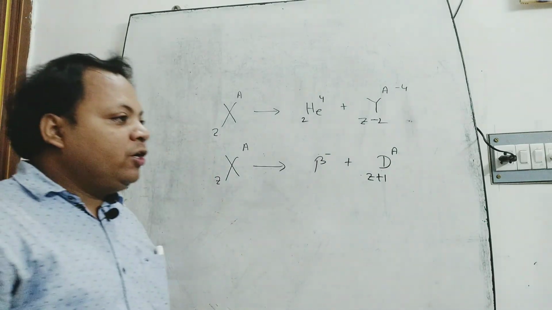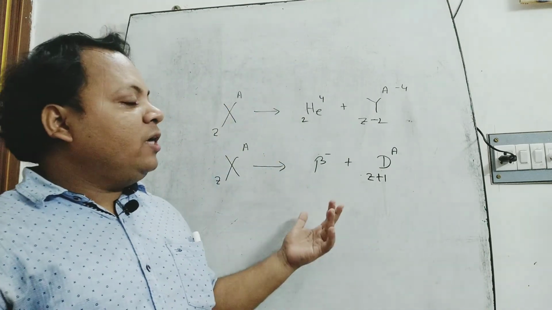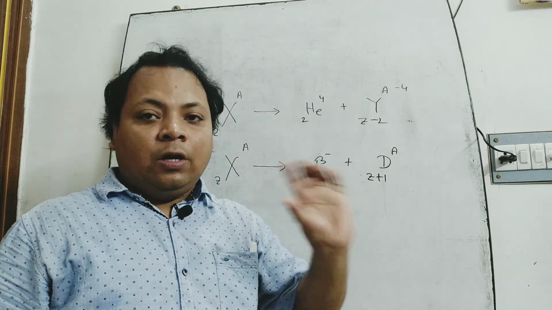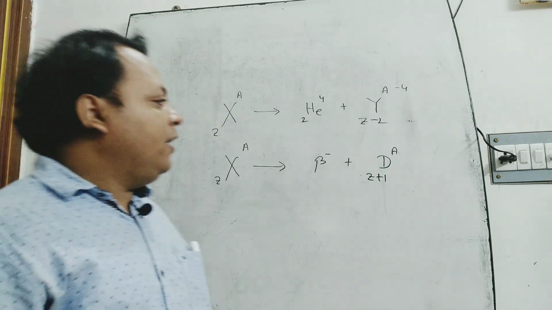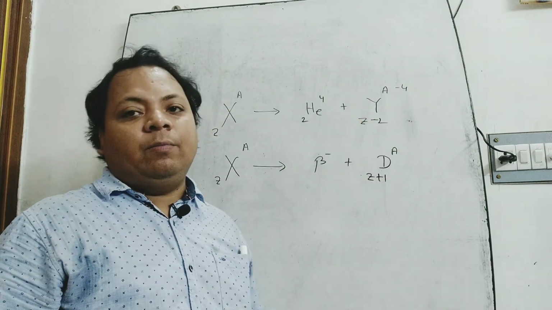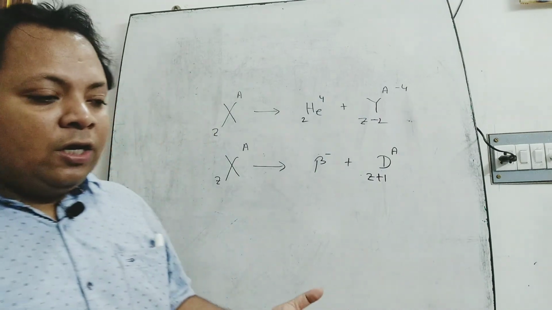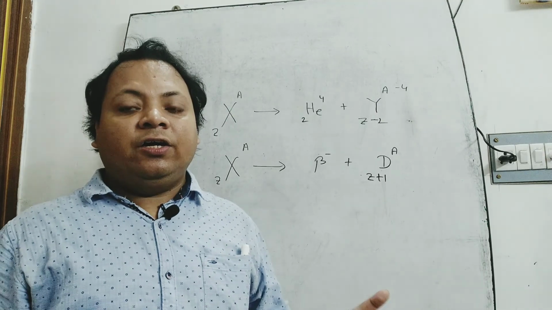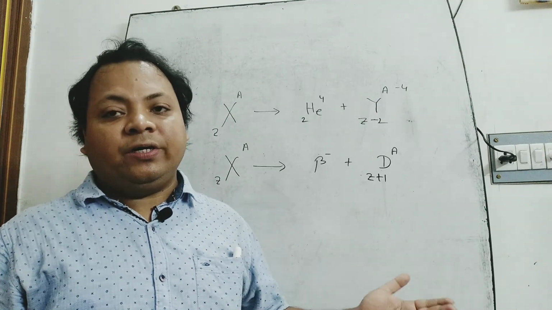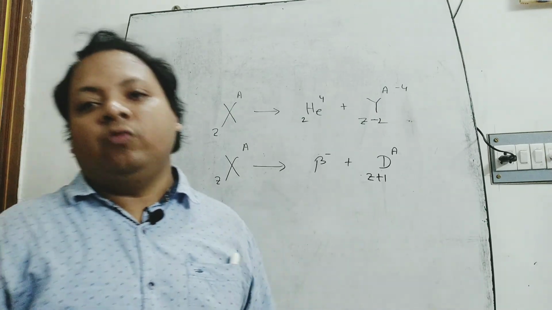In this way, due to radioactive decay, the nucleus of the atom changes, and the proton number and mass number change. That's why the daughter nucleus has different chemical properties from the parent nucleus.